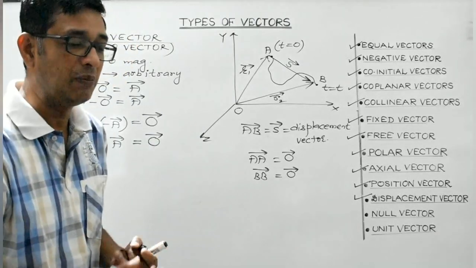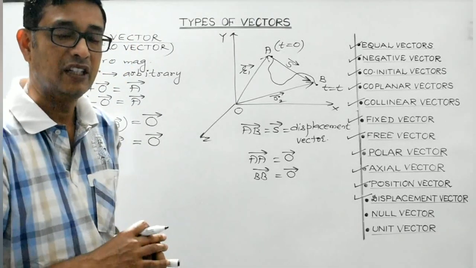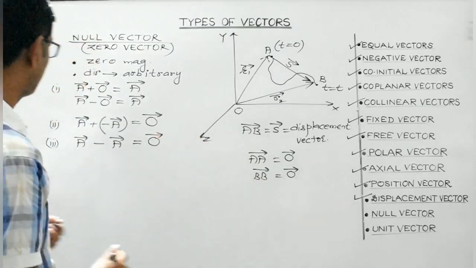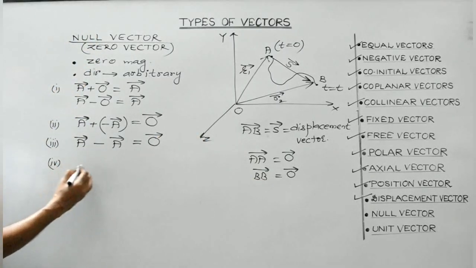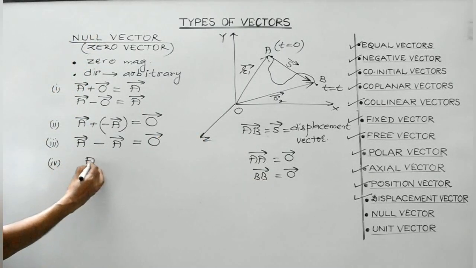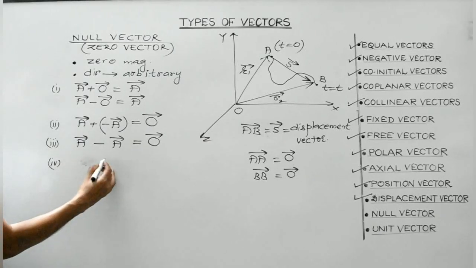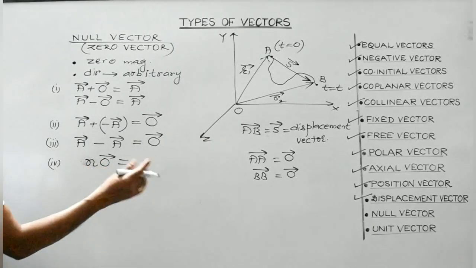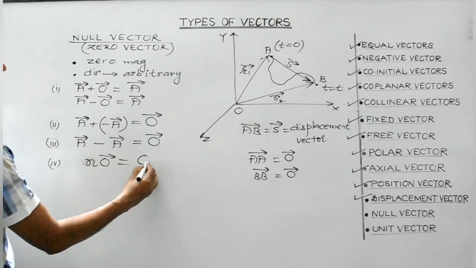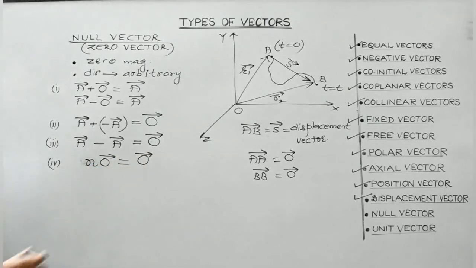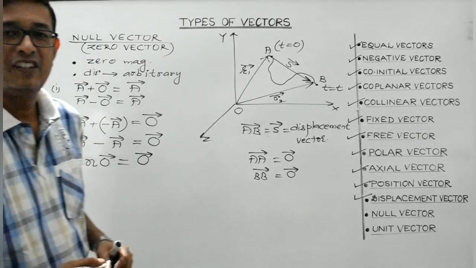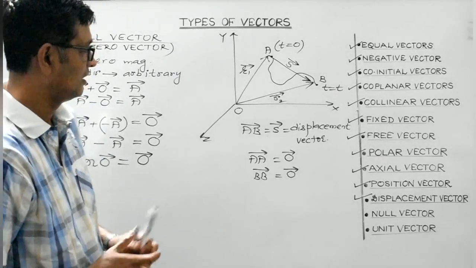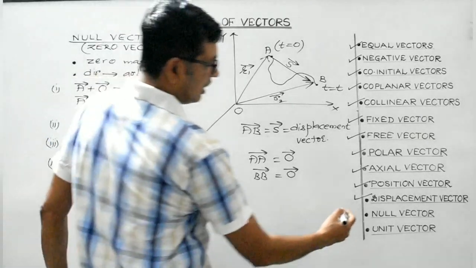So fourth, if a null vector is multiplied by any real number, n is any real number, it will again give us null vector. Clear, students? Okay, so we are over with null vector as well.